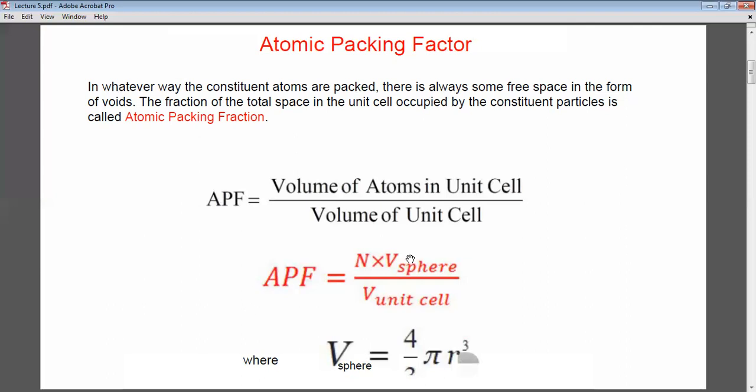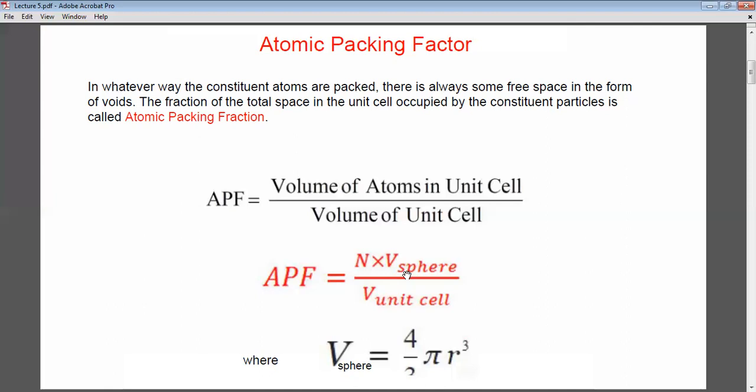Okay, so in case of the spheres and in case of the unit cell, the atomic packing factor is N, which is the number of spheres or the number of atoms inside the unit cell, times the volume of one sphere, which is always 4/3πr³, divided by the volume of the unit cell. So you need to look at your unit cell and see what is its volume. And then this is how you calculate your atomic packing factor.